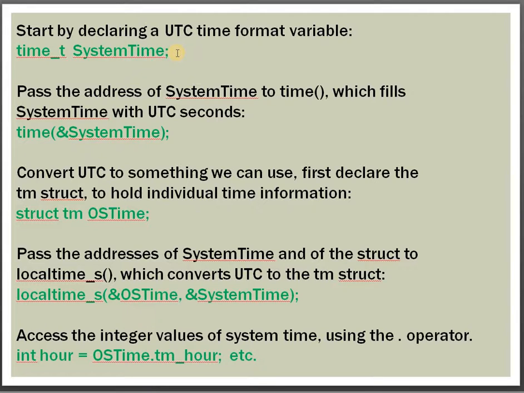Now time_t is a time variable, which is what we call a typedef, or a simple way to think about it is an alias. And it's an alias to a regular data type that we're familiar with, and that is unsigned integer. Okay? So that's what is really held in a time_t variable type.